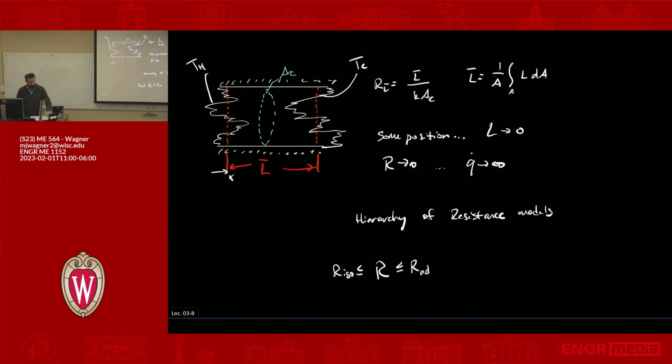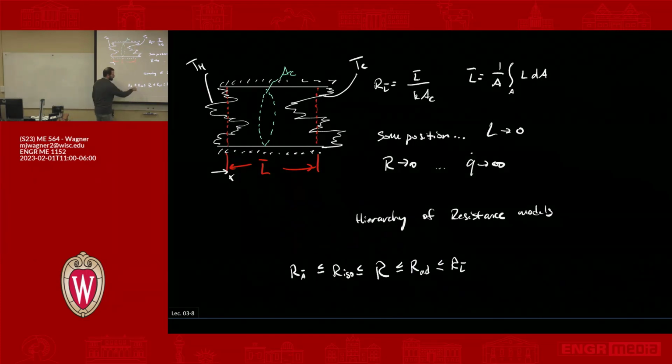If you think about it long enough, we'll decide that our L bar overestimates even the adiabatic model in terms of resistance, because there are shorts that aren't being accounted for. On the other hand, the average area model underestimates even the isothermal. So if you have to rank where your resistances are going to be compared to the actual resistance, this is the order that they're going to end up.